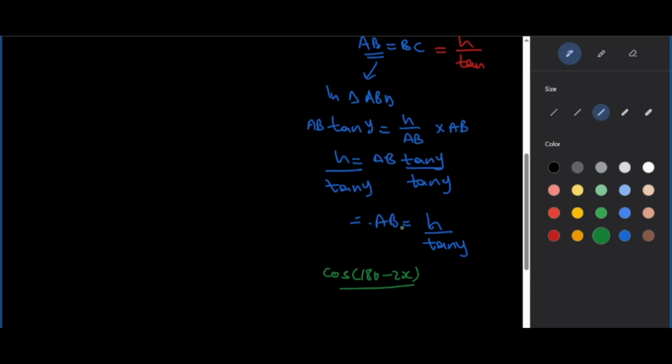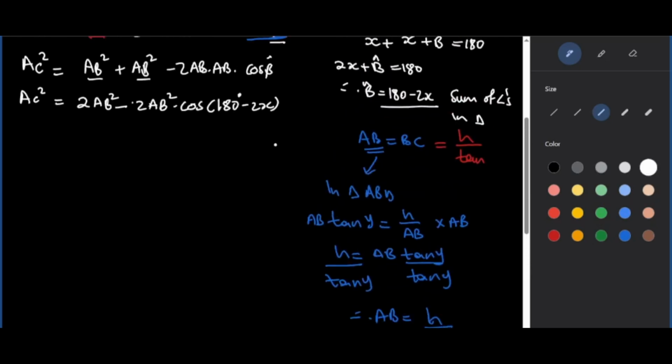Thank you very much. So I'm just going to substitute this as negative cos 2x now. So this will be AC squared equals 2AB squared minus 2AB squared into negative the cos of 2x.